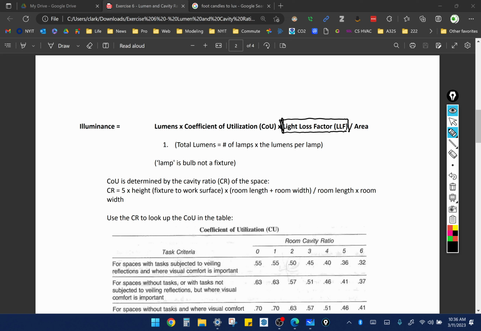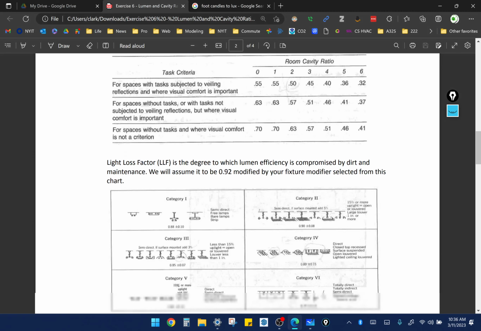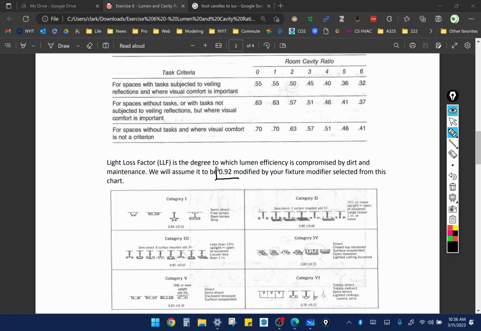So how does it work? We start with this assumption that every light is just 92% efficient. So we start with 0.92 times the number of lumens for any light. That's the first part of light loss factor in this calculation we're doing.